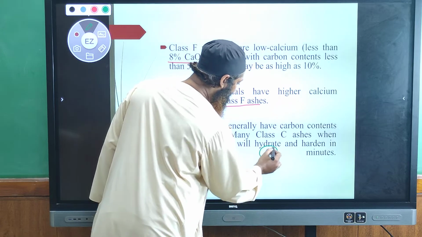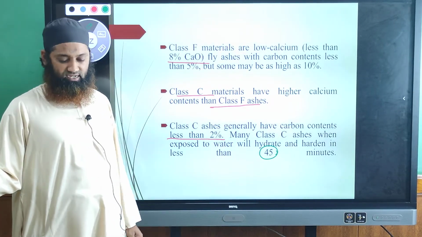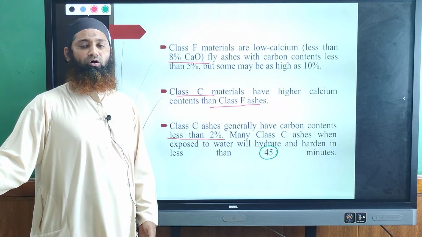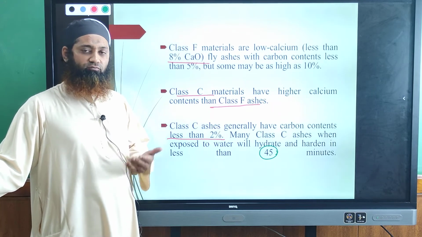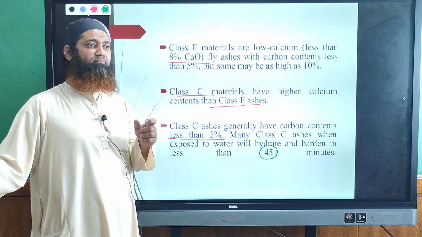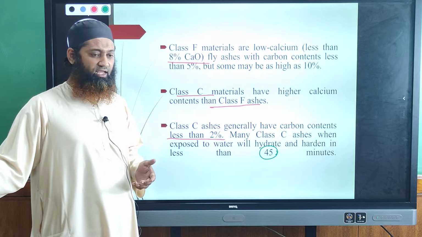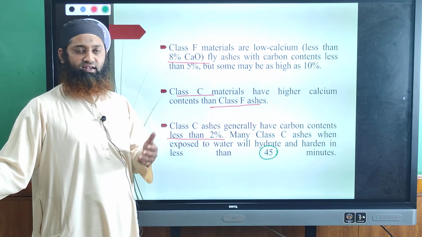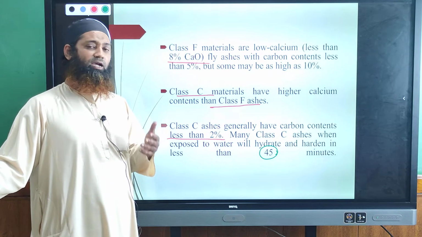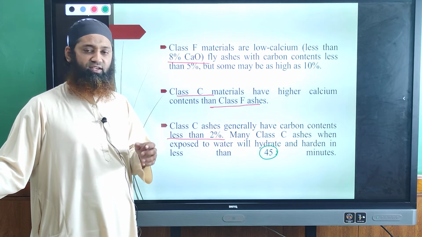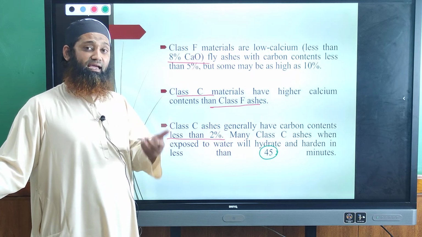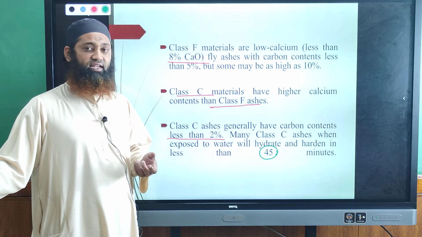This is very important here. What happens when we mix different materials in concrete? The other property we have to check is the time they take to harden. Sometimes we are constructing in a very cold region, and at those places we need to see how much time these materials take to harden.